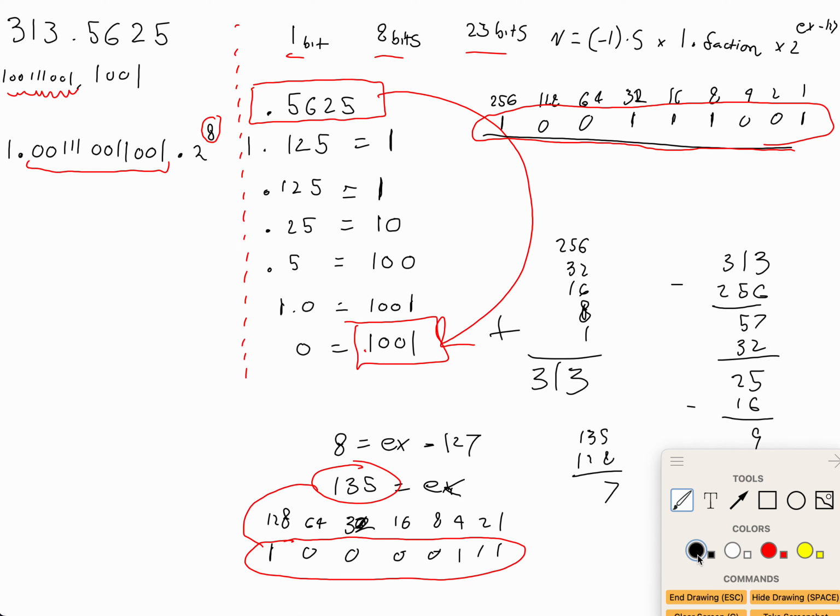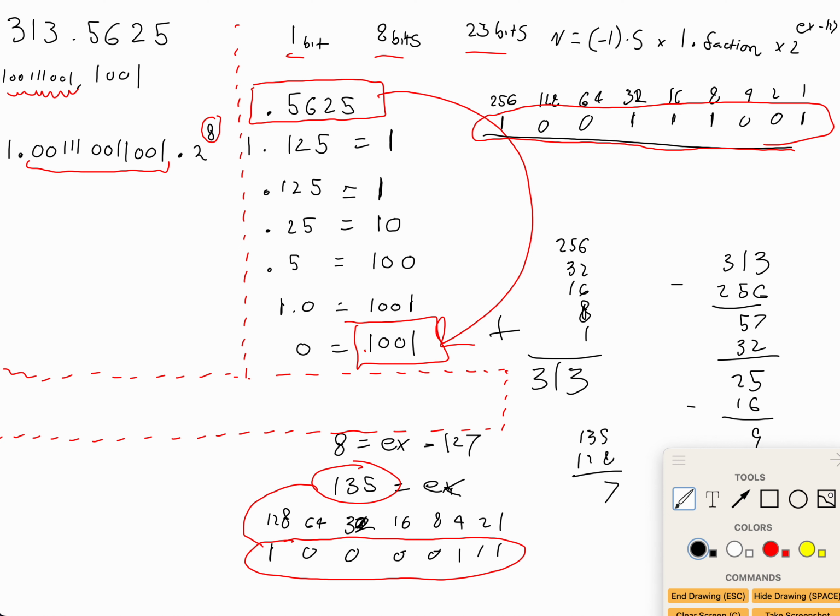Okay? So, to finalize this, to round this out, we will write out our number. I'm going to give myself a little space for our final answer. Okay. So our final answer, it's first going to be the sign bit, which is going to be 0. And then it's going to be the exponent. These 8 bits we just calculated right here, those go next. So that's going to be 1, 4 zeros, and 3 ones.